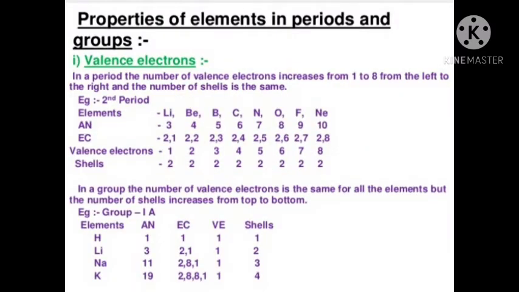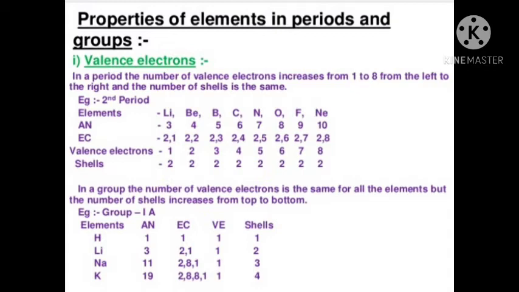Properties of elements in periods and groups. First property, valence electrons. In a period, the number of valence electrons increases from 1 to 8 from left to right, and the number of shells is the same. For example, second period elements: lithium, beryllium, boron, carbon, nitrogen, oxygen, fluorine, neon.